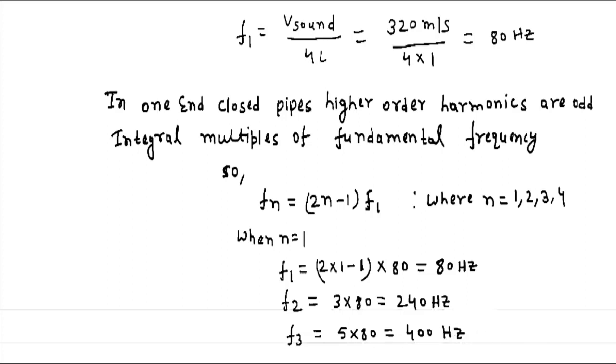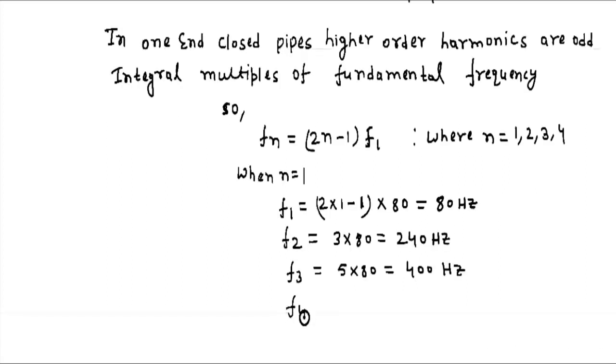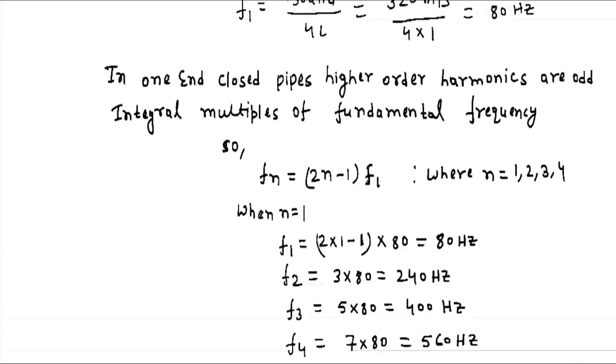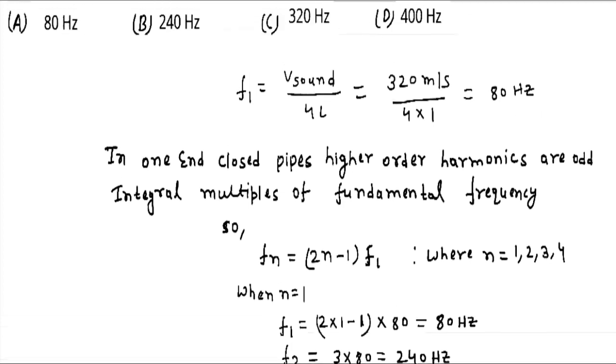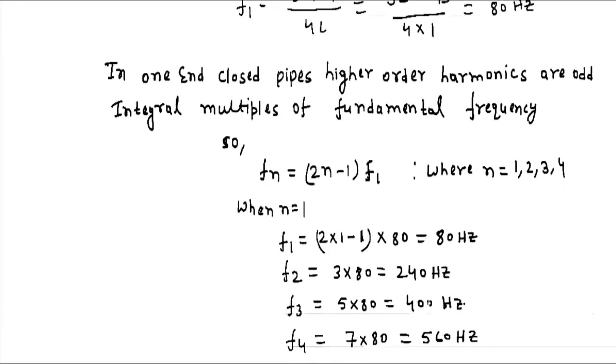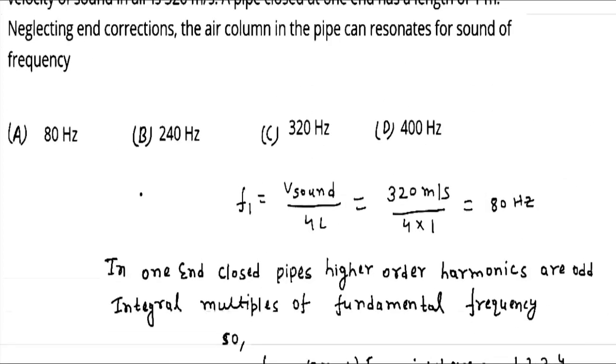And for f4, n is equal to 4, so this will be 8 minus 1, 7 into 80, that is equal to 560 Hz.